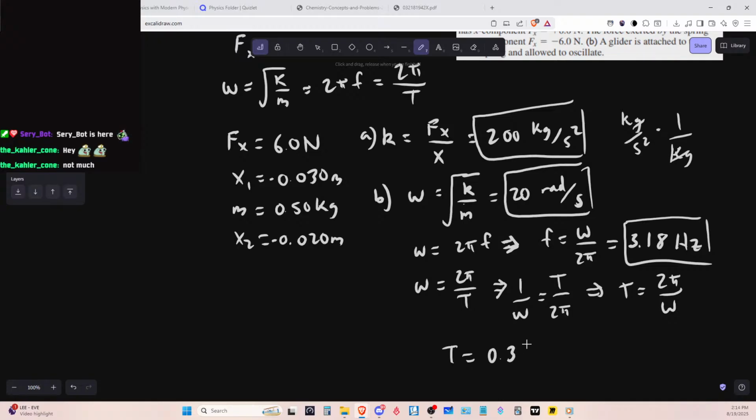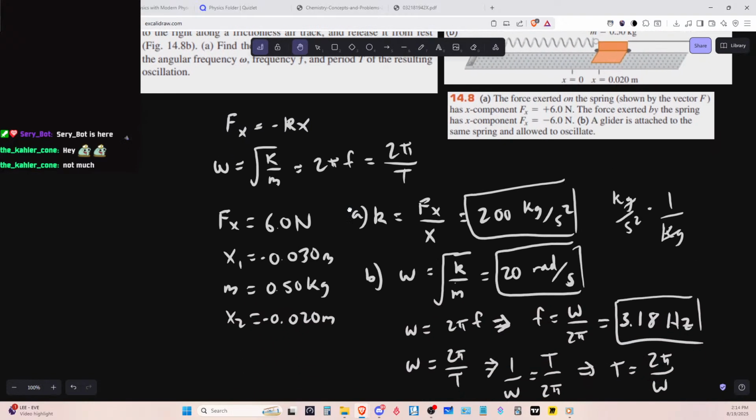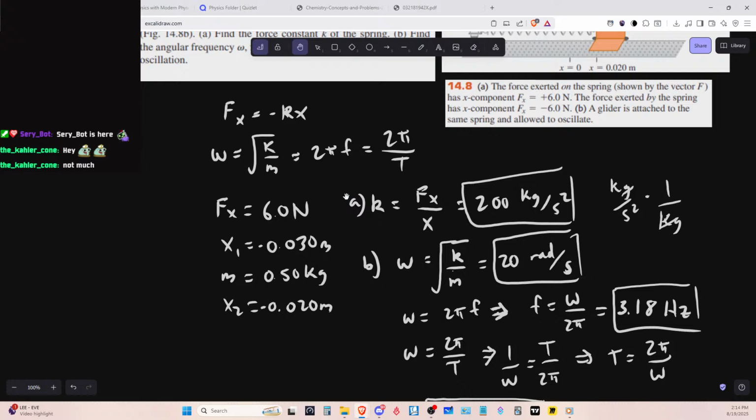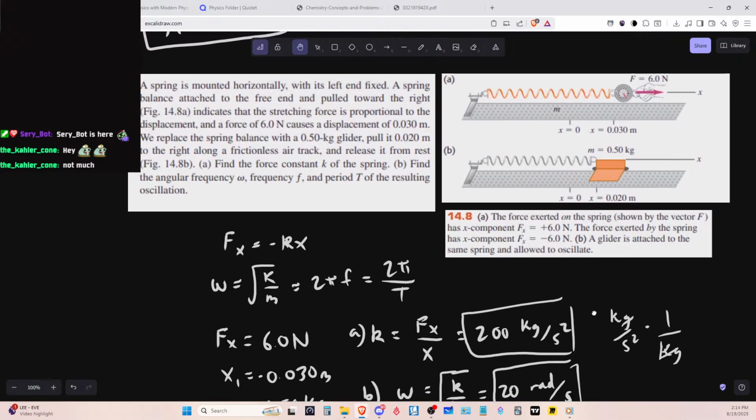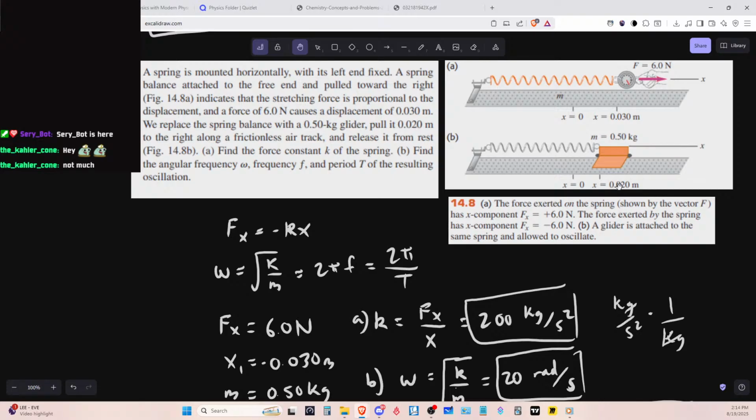Okay. Now I'm pretty sure that's how we set it up. Now the thing is that the glider is attached to the spring and allows the oscillation that we have.